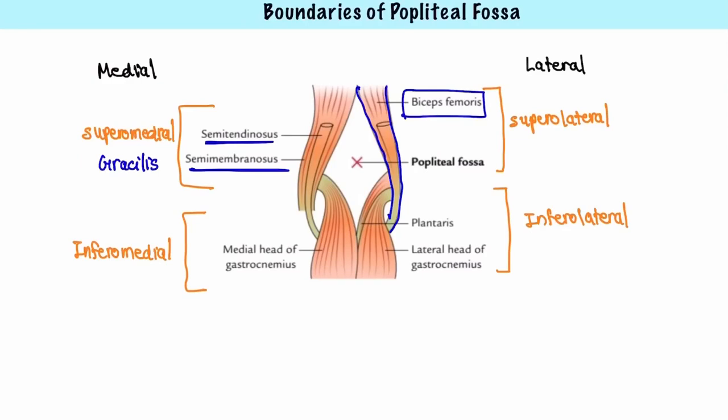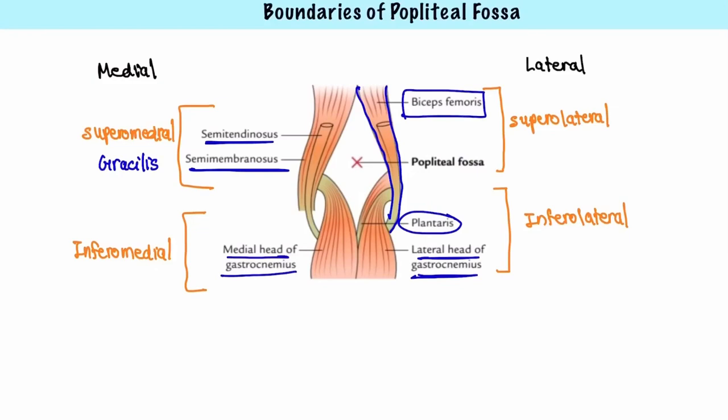So there is one muscle on superolateral side, which is biceps femoris. 3 muscles on superomedial side, which are semitendinosus, semimembranosus, and gracilis. Now on the inferolateral side, there is lateral head of gastrocnemius and plantaris. And on the inferomedial side, there is medial head of gastrocnemius. So these are the boundaries.